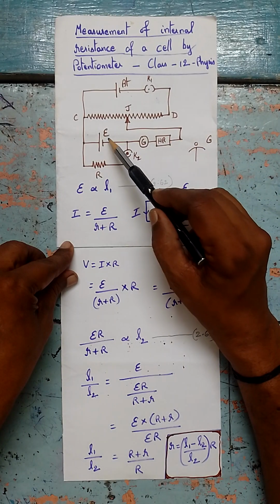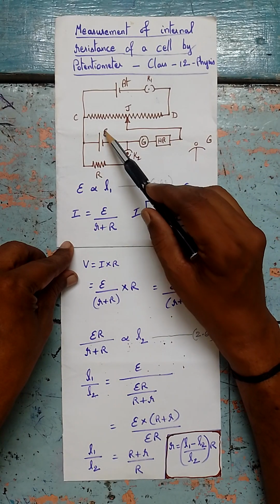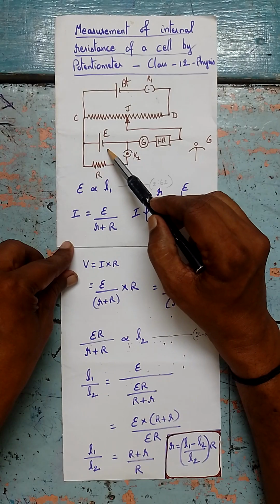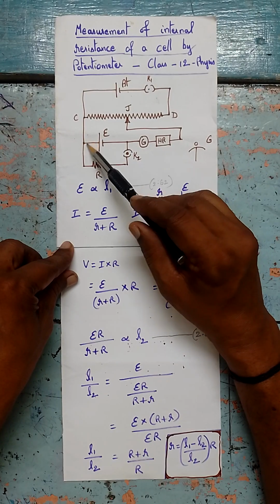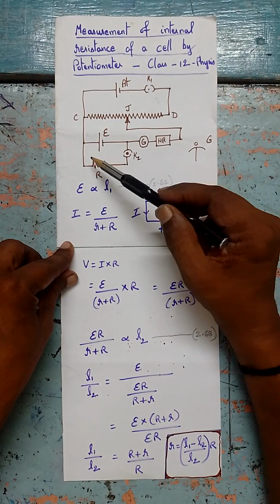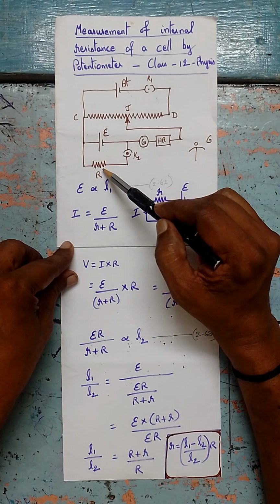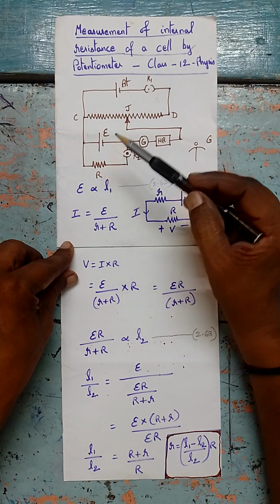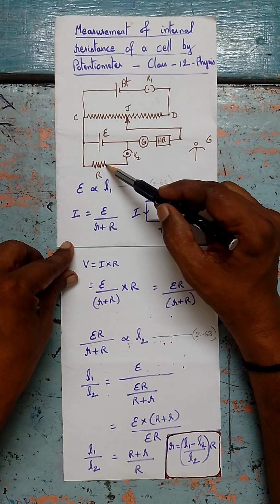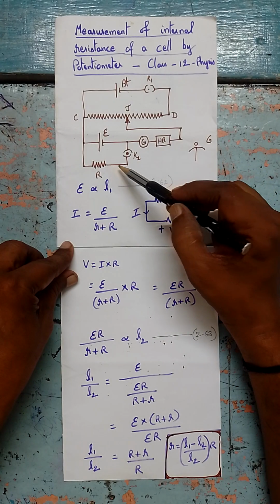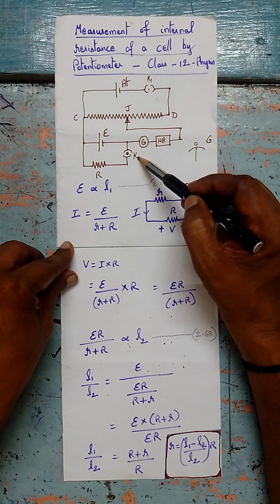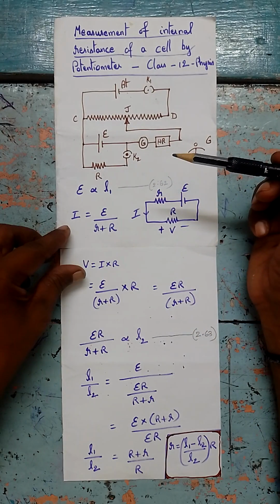Then here we have the cell, we have to find the internal resistance of this cell, and the positive is connected to C, and from C you are connecting an external resistance R, it may be say 10 ohms like that.